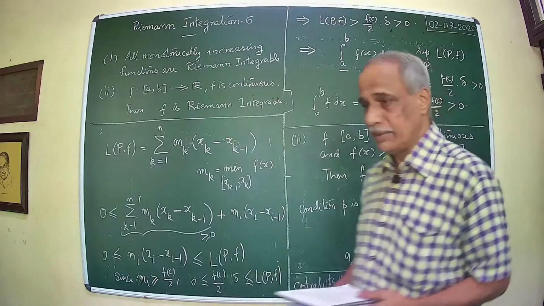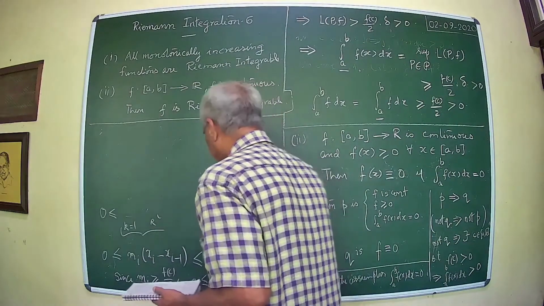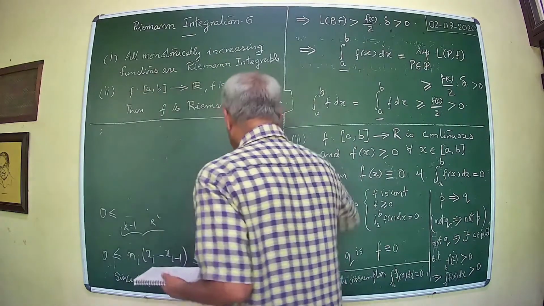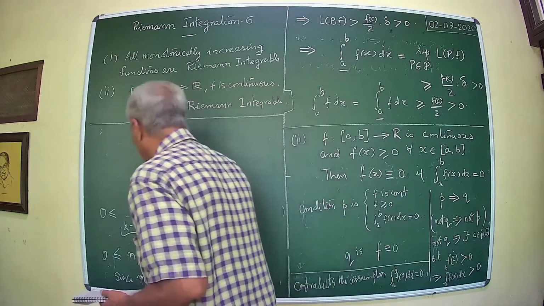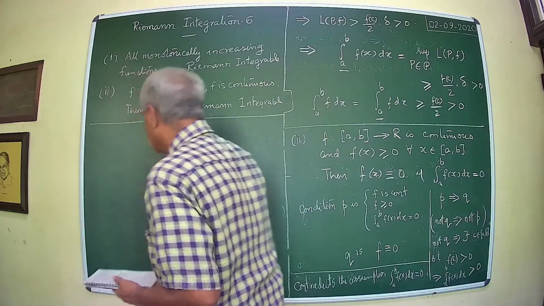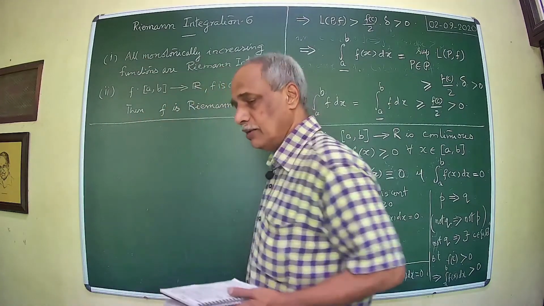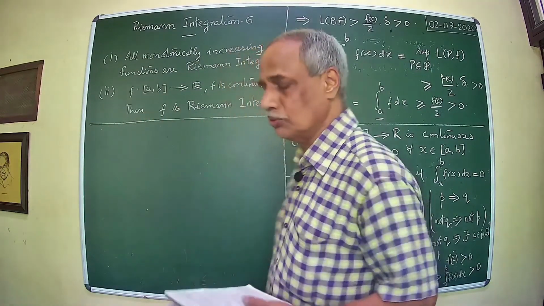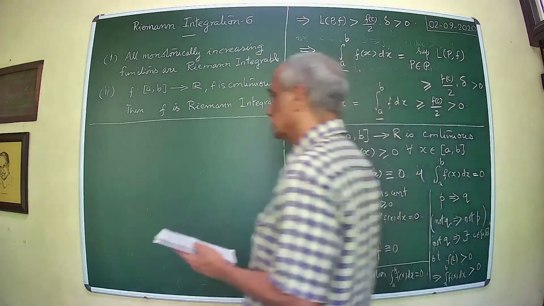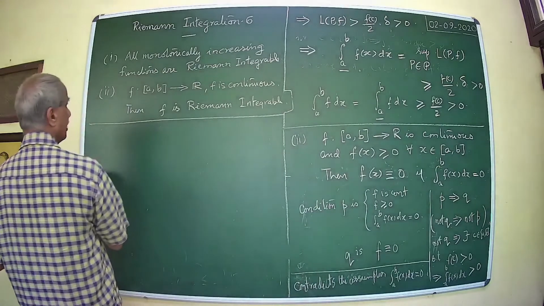So now let me just give some results which you can prove. I will just list them out, and show some methods of proof. In most of the cases, UP(f) minus LP(f) less than epsilon will be the strategy to prove that f is Riemann integrable. So we do some more exercises.